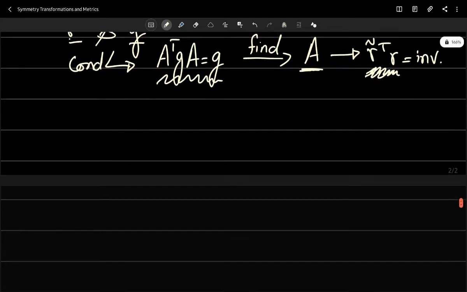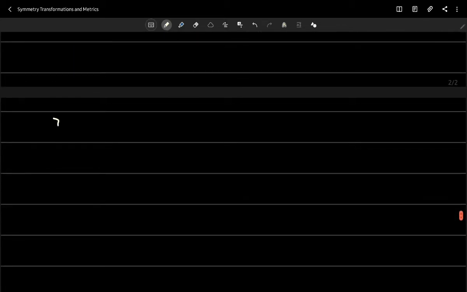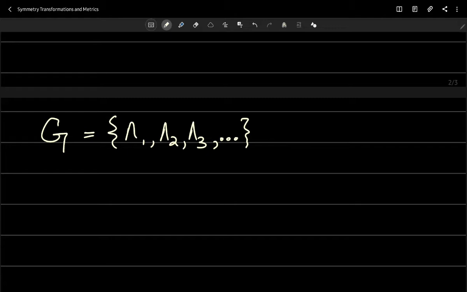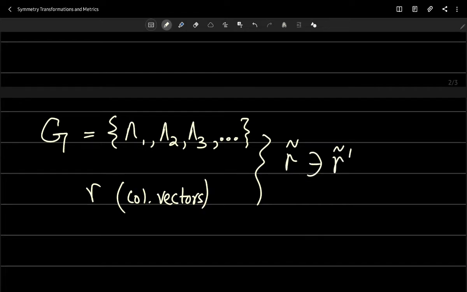So from here you could say that given a group G, which is a set of these transformations lambda 1, lambda 2, lambda 3, and so on, and a linear representation R, that simply means column vectors, what we can do is we can form a dual representation given these two, that is R tilde, such that R tilde transpose R is left an invariant.